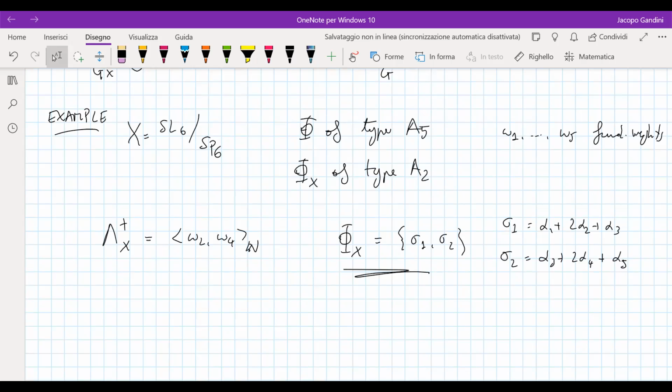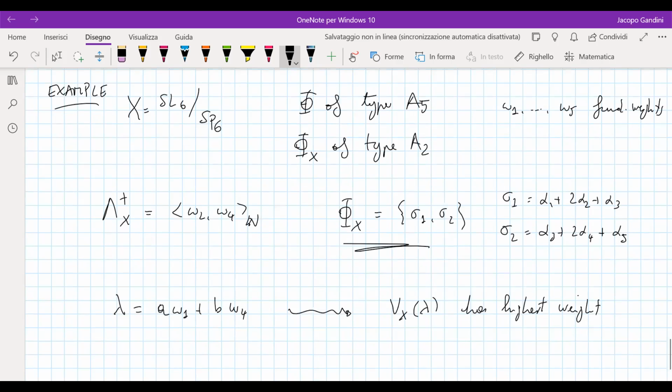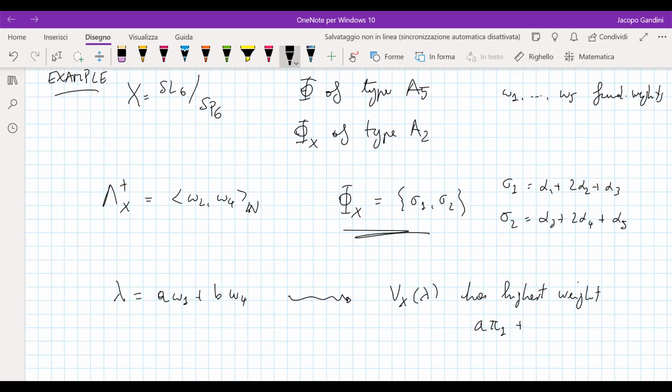And so if we take lambda equal to A omega 2 plus B omega 4, then of course we have the corresponding G module of weight lambda. And we have also, Gx in this case is of type A2, it is SL3 actually, and Vx lambda has highest weight A pi 1 plus B pi 2.